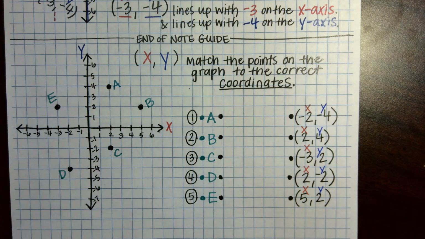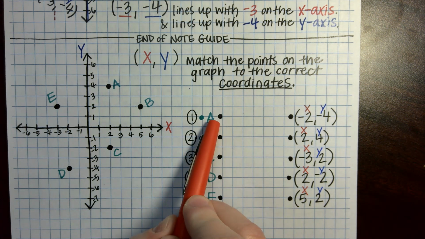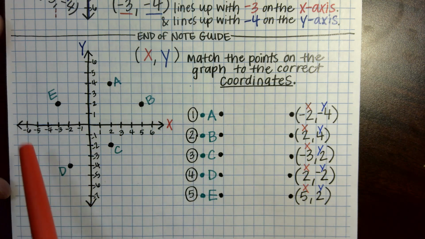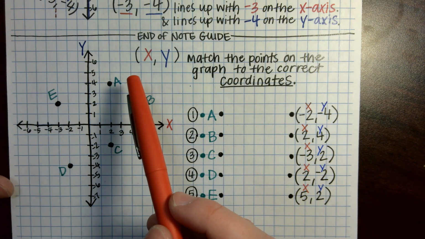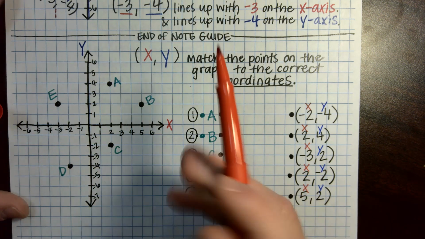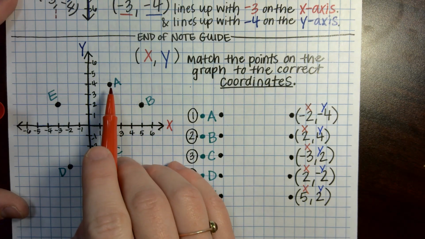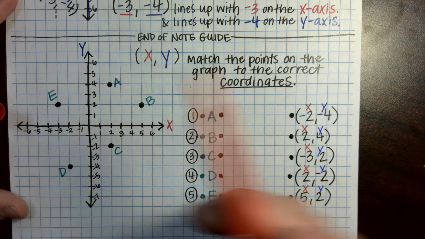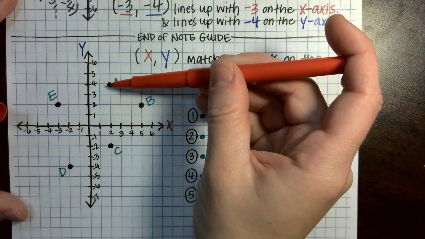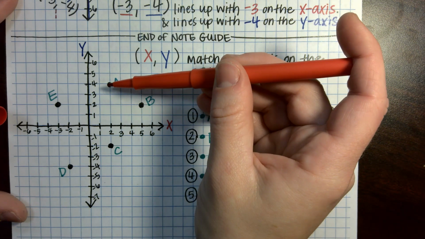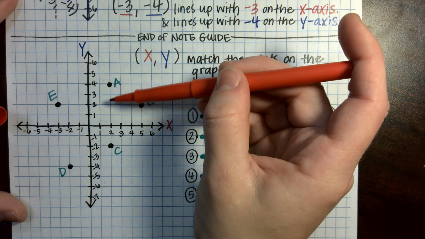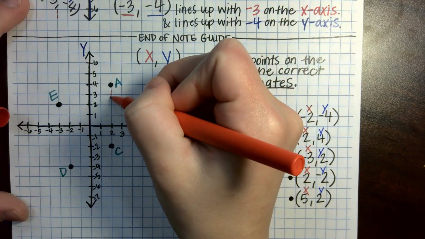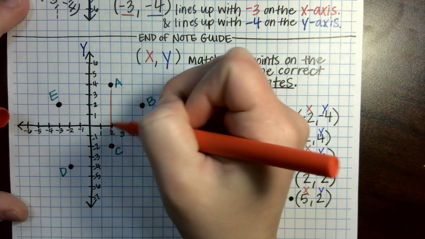Okay. So let's look at point A on our graph first. Where is point A? I see it right here. So let's figure out first, where does A line up on the x-axis? With that positive 2? Yes, with +2. I can see right here it lines up with +2.